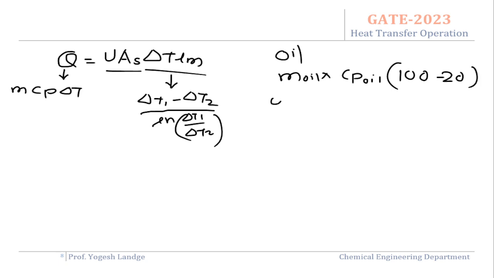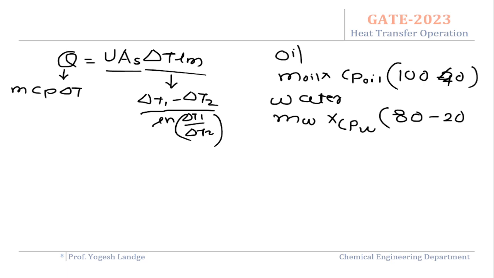If I want to write in terms of water, then I can write mass flow rate of water into specific heat of water and the temperature difference of it. And the temperature difference is what? It is 80 minus 20. So sorry, here it is 40. Now if I put these values for the oil, 2 into the specific heat of it, 2089, into the difference, 100 minus 40 is 60.